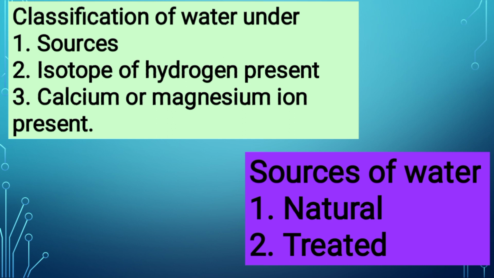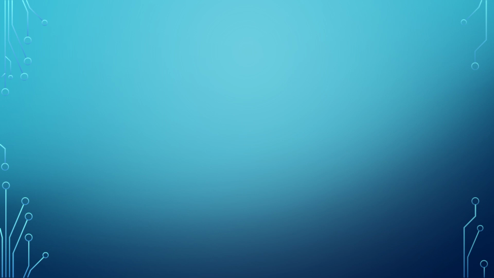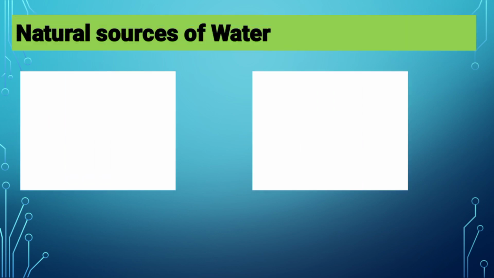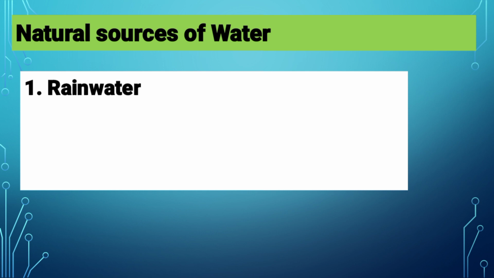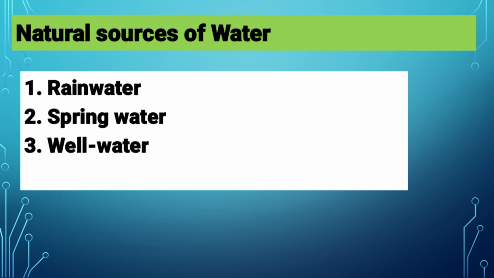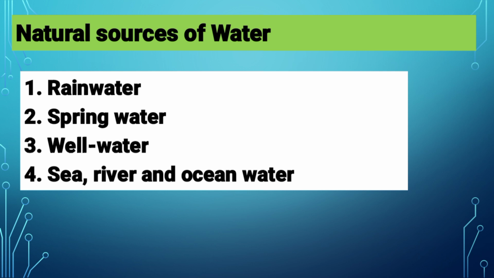So let's start with natural sources of water. We have rainwater, and we have spring water, we have well water, and sea, river, and ocean water. This is the natural way we can actually get water. Yes, and treating them one after the other.